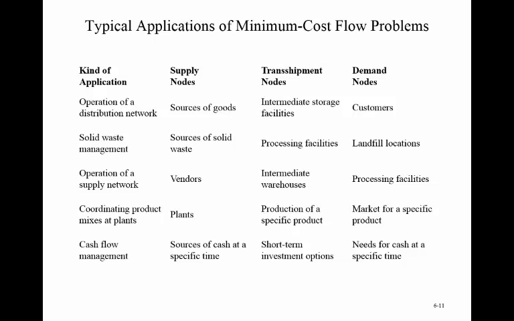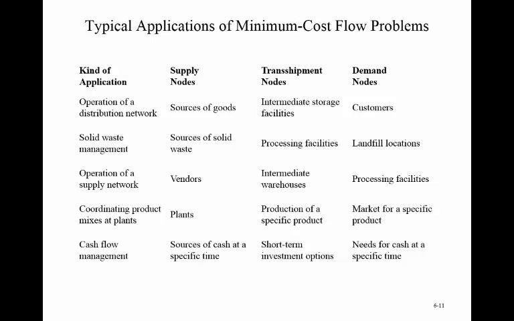But obviously, this applies to the operation of a distribution network like we just did. But also if you're moving things like solid waste, or operating a one-way supply network where you're purchasing goods from vendors, storing them, consolidating shipments at intermediate warehouses, and then sending them out to your factories. You've also got coordinating product mixes at plants.